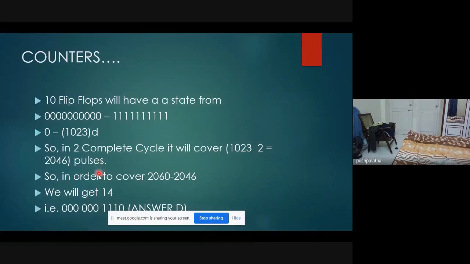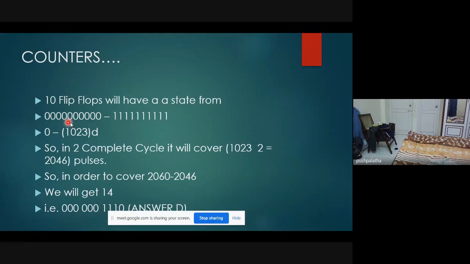So in order to cover 2060 pulses, how many do you require? 2060 pulses minus 2046. You need to complete 2 cycles. In order to complete 1 cycle, you require 1023. The first cycle is all zeros, and the next is all ones.